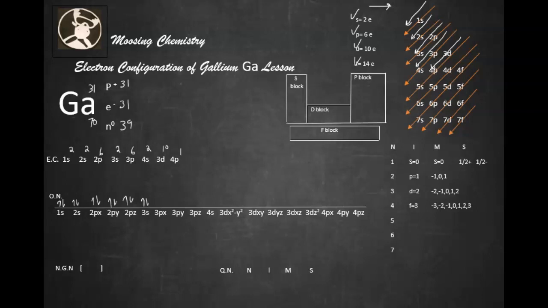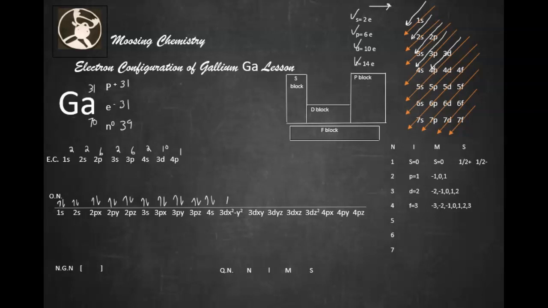Up and down. 3px, 3py, 3pz, and then we go down. Just easy as can be. 4s, up and then down. Now, 3dx squared minus y squared, 3dxy, 3dyz, 3dxz, 3dz squared.